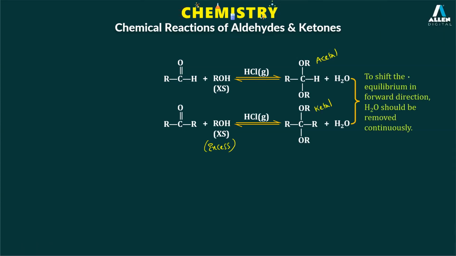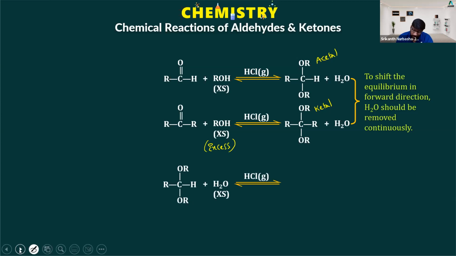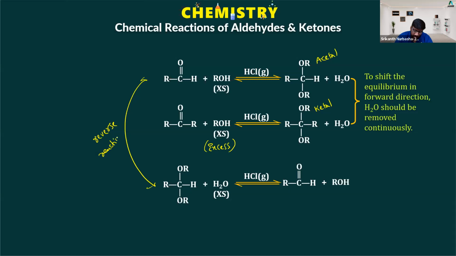To shift the equilibrium in the forward direction, H2O should be removed continuously. If you add H2O continuously, the equilibrium will move in the backward direction. That is the same point I have been explaining. If you have RCH(OR)2 plus excess H2O, reverse reaction happens. The first reaction is reversed. These two are reverse reactions.